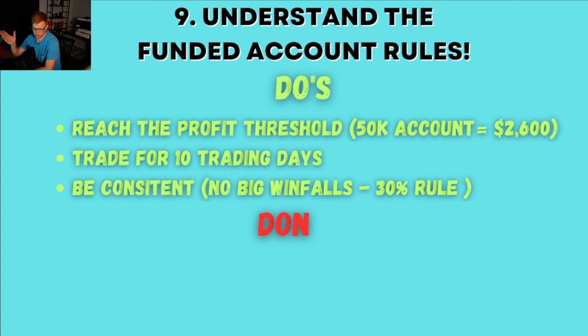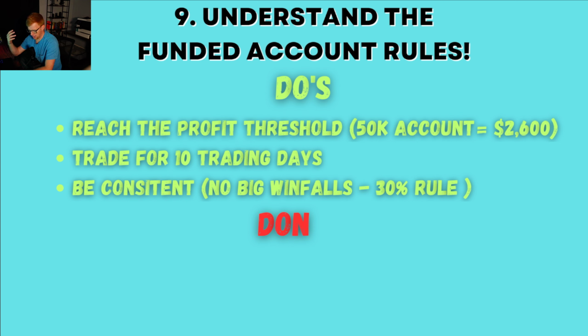They have a 30% rule, but I can assure you, if you show that you're consistently trading the same size each day, and maybe one day you just had a really nice big win, and let's say that win is 40% of your profit total, and you can show that you still traded the same size the remaining days, I can assure you, you will get paid out. That is not an issue, and that's not what they're trying to avoid. They're trying to avoid the gambling mentality.